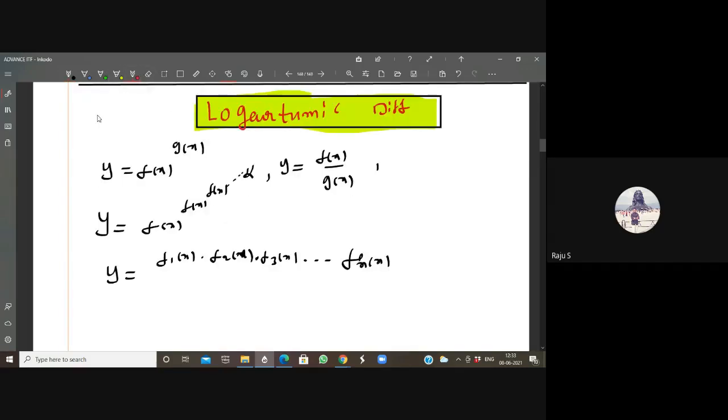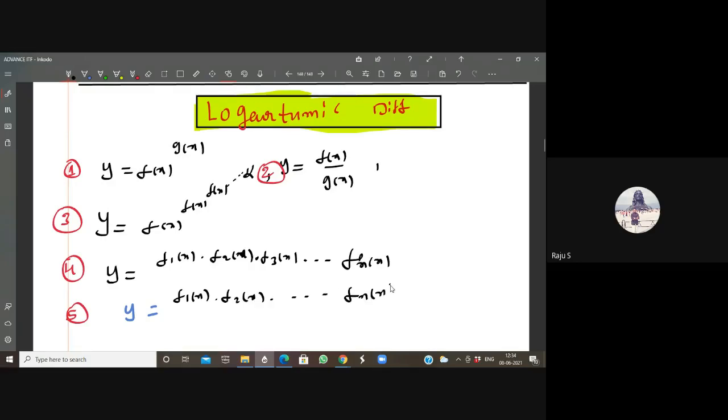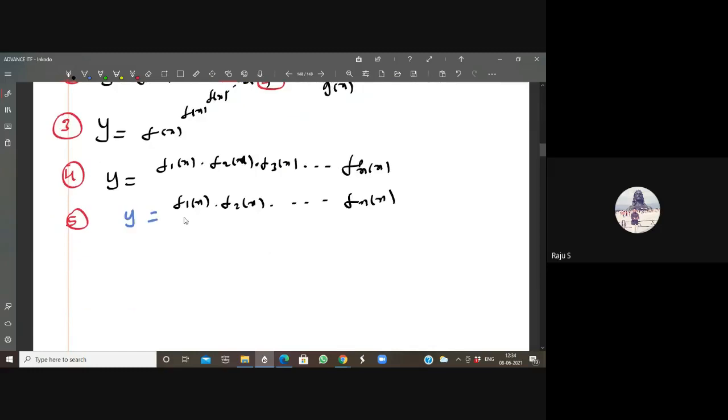So this is the fourth and fifth case. Not only this, the function in the form of y is equal to f1(x), f2(x), and so on, fn(x), all divided by g1(x), g2(x), and so on, gn(x). Like a product of functions by a product of functions. In that case also we can use logarithm.